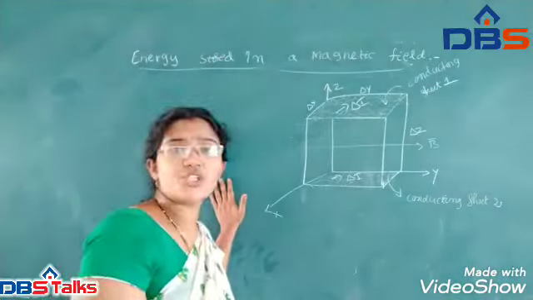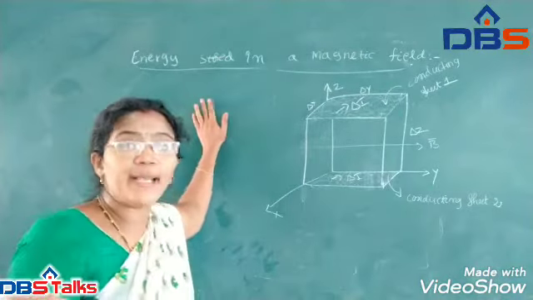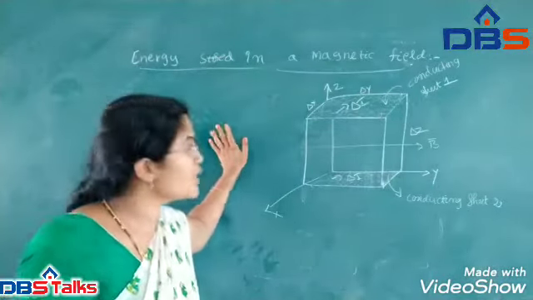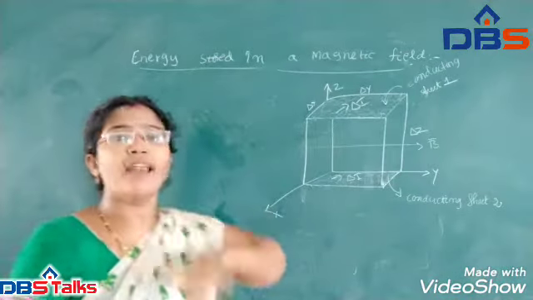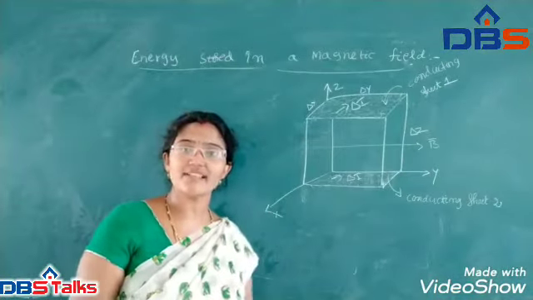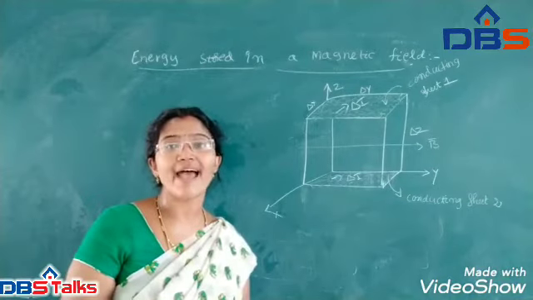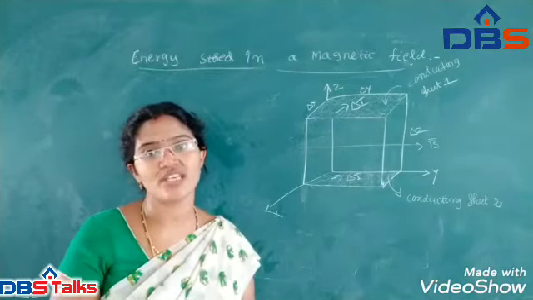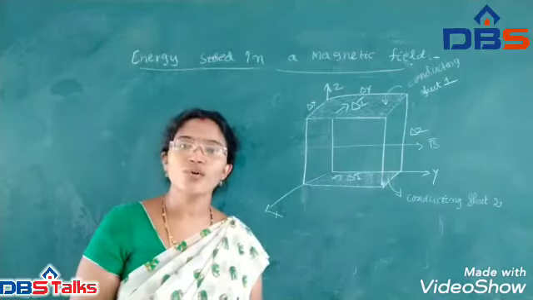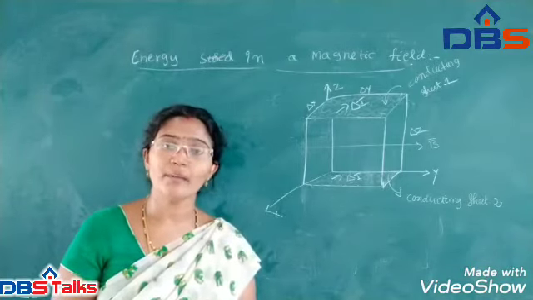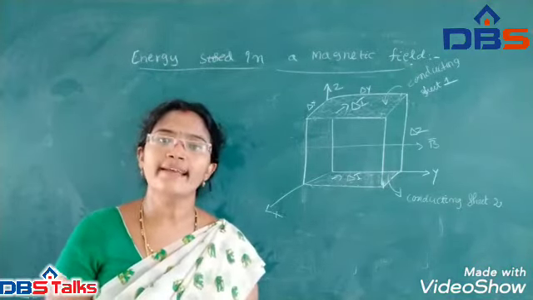The next topic is energy stored in a magnetic field. Already all of you know that a capacitor stores energy in an electric field, just as an inductor stores energy in the magnetic field. Now you have to write the energy stored in the magnetic field in terms of inductance values.